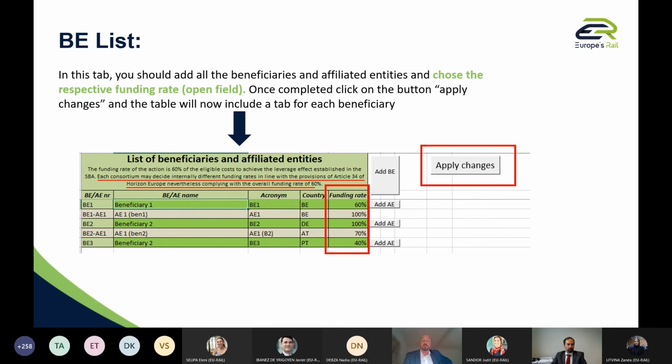The point that was discussed previously about the funding rate is here again, and it's quite important. It says that, as mentioned by Carlo before, repeated by Giorgio, and in accordance with Article 34 of Horizon Europe, we keep the approach that we need to have overall a funding rate of 60%.